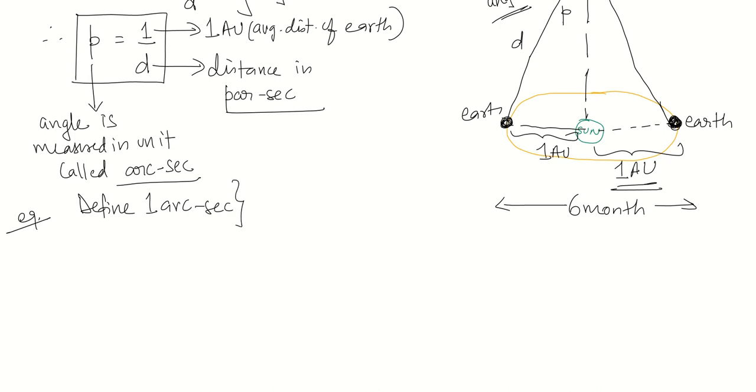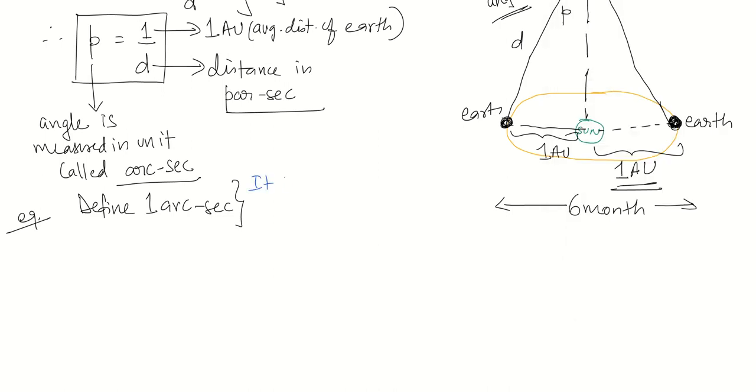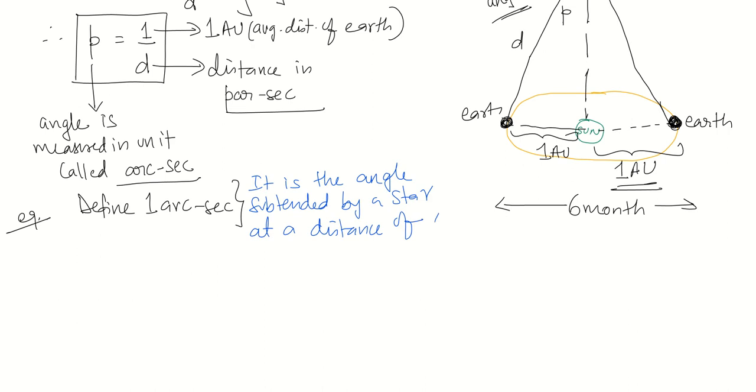We can define it as the angle subtended by a star at a distance of 1 parsec. Okay, that's the understanding.